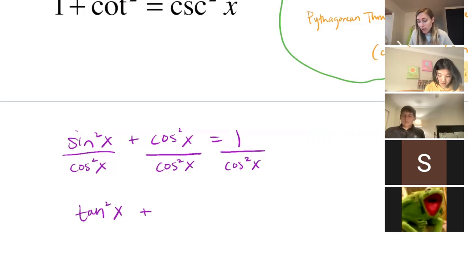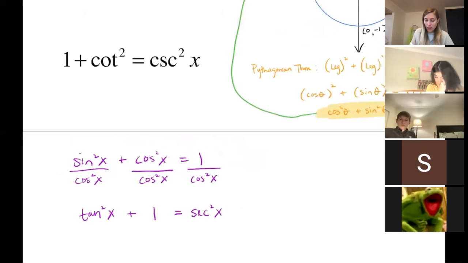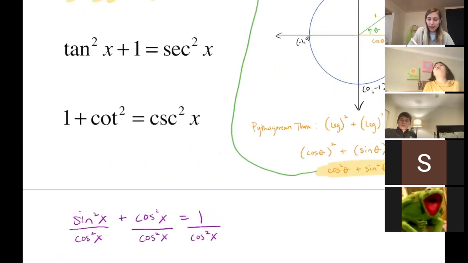Cosine squared over cosine squared, well, that's just 1. And since 1 over cosine is secant, 1 over cosine squared would be secant squared. So that's where we get the second Pythagorean identity.